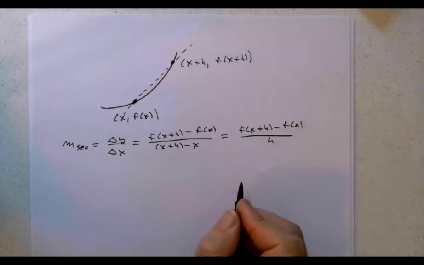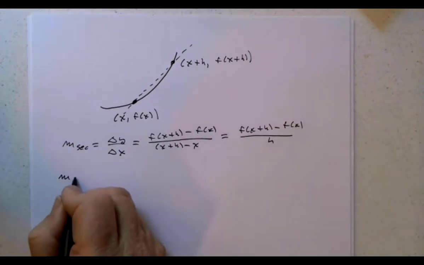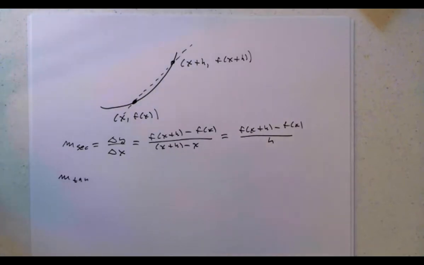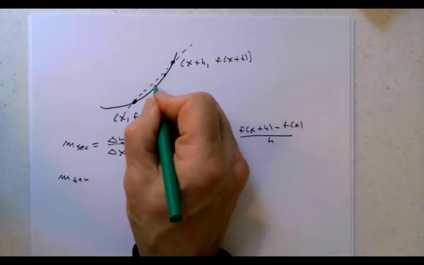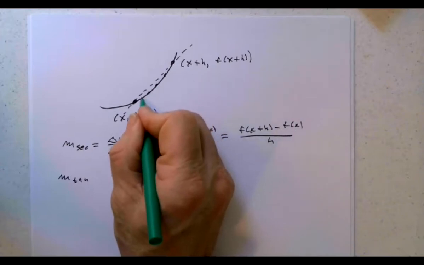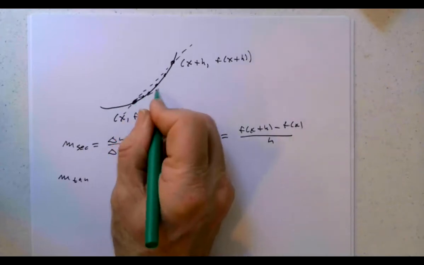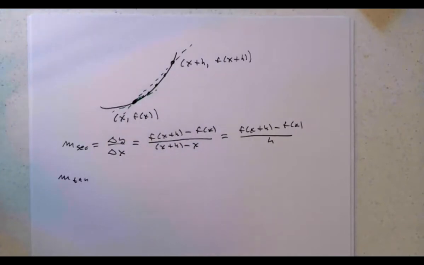But to get it to be a tangent, what's the slope of the tangent? It's going to move even closer. Maybe x plus h is here, or x plus h is there, or x plus h is there. As it gets closer, the secant becomes a better approximator.